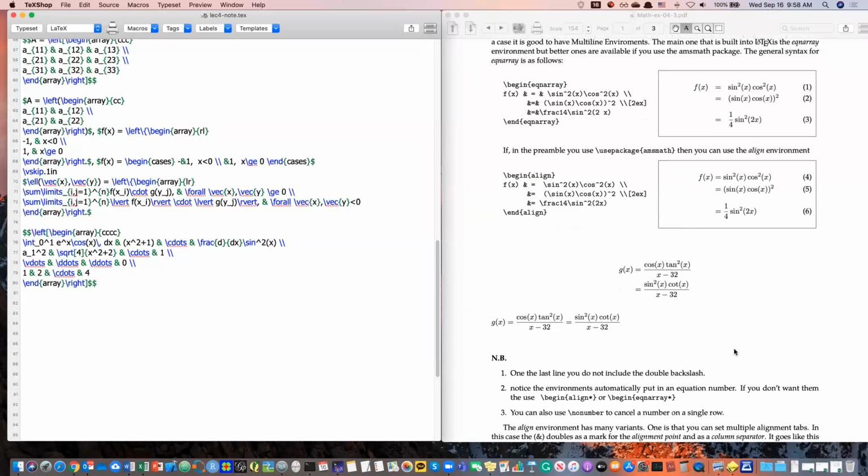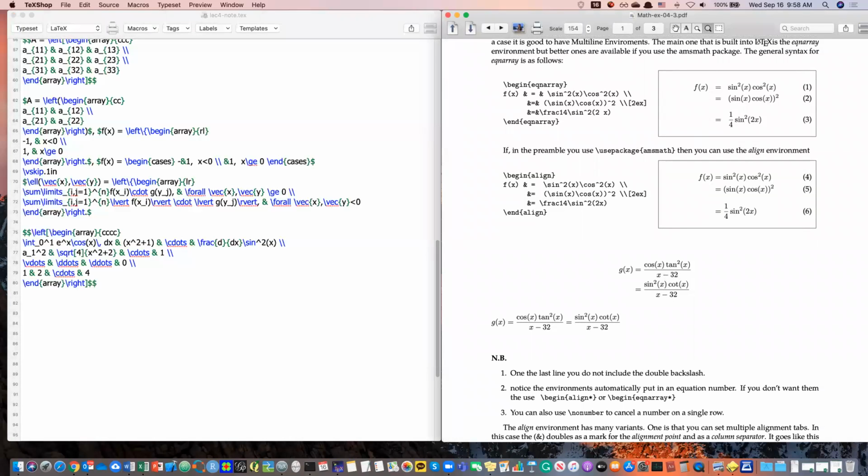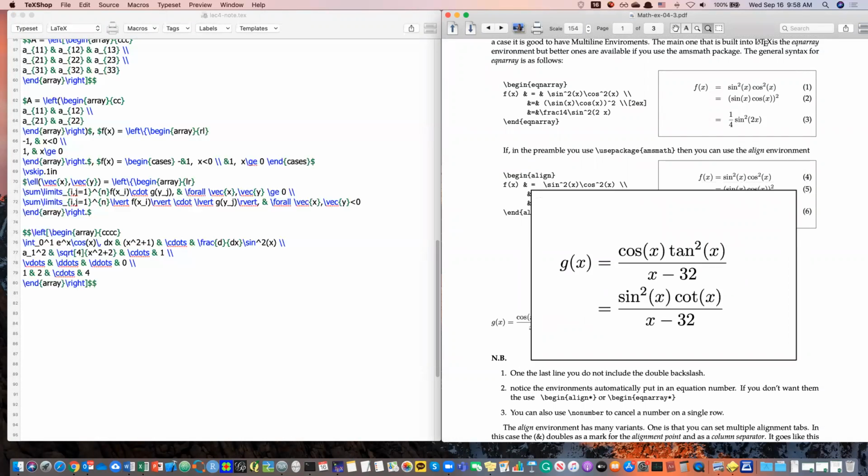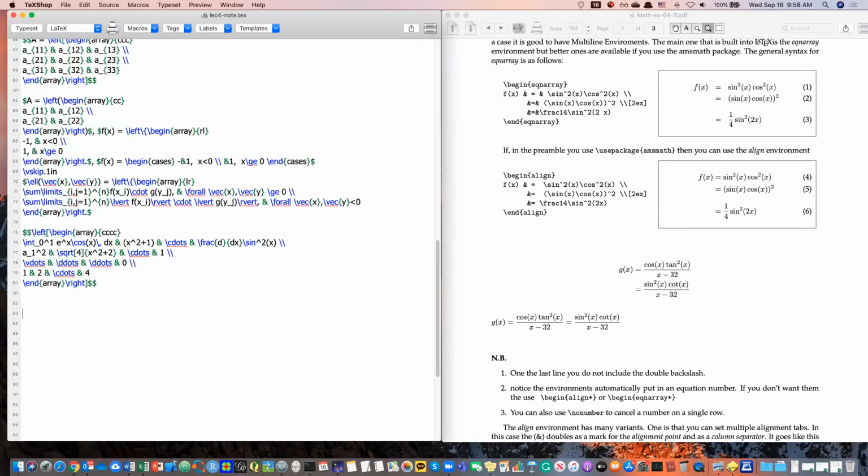But let me replicate those two equations. Let me replicate this one. So g of x. Let me start from this one. Begin.